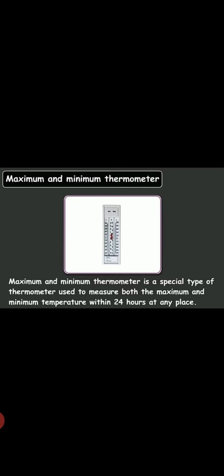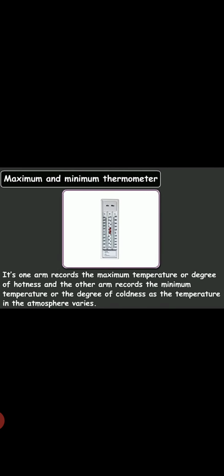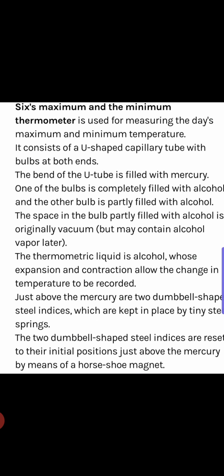In 24 hours, we could measure at any place the maximum temperature and the minimum temperature of that day using this thermometer. One arm, the right arm, records the maximum temperature, or the degree of hotness, and the other arm, the left arm, records the minimum temperature, or the degree of coldness, as the temperature in the atmosphere varies. As temperature changes, it records the maximum and minimum temperature. Six's maximum and minimum thermometer is used for measuring the day's maximum and minimum temperature.